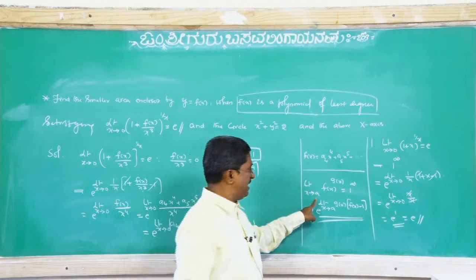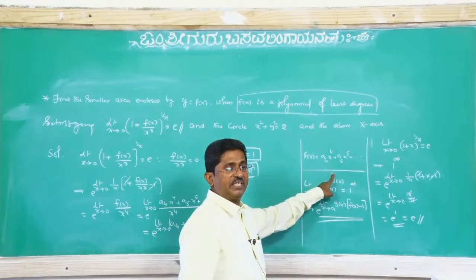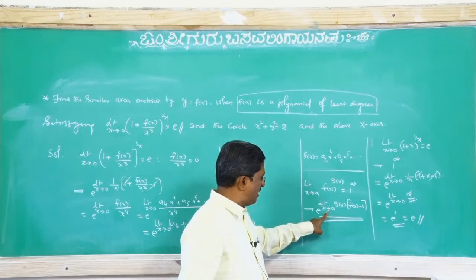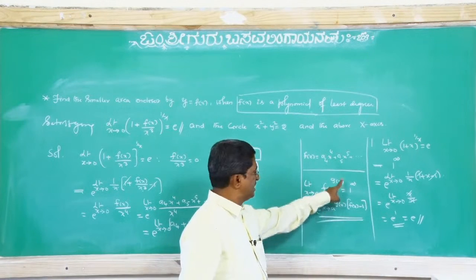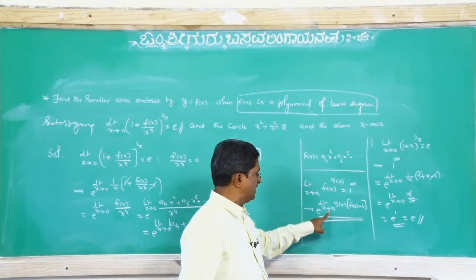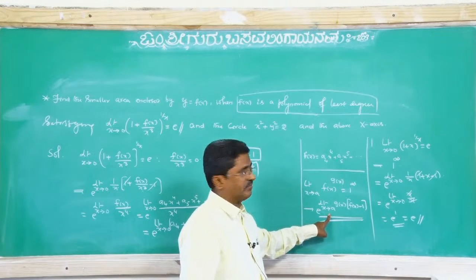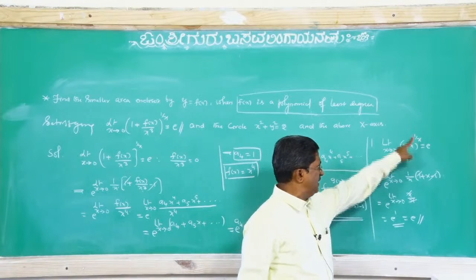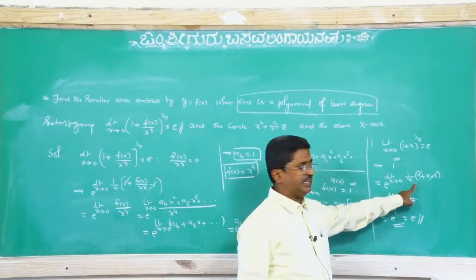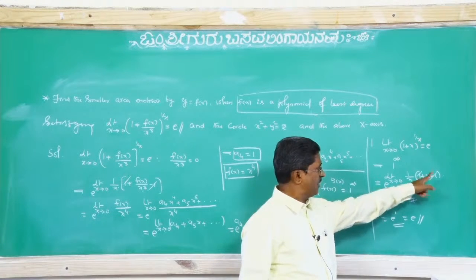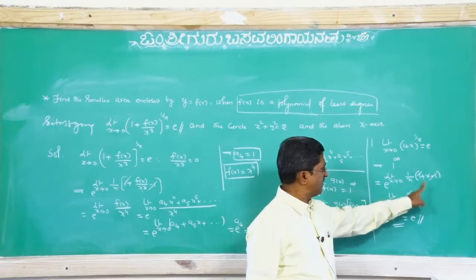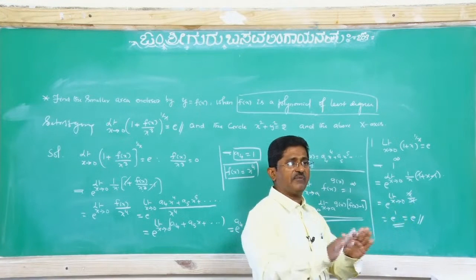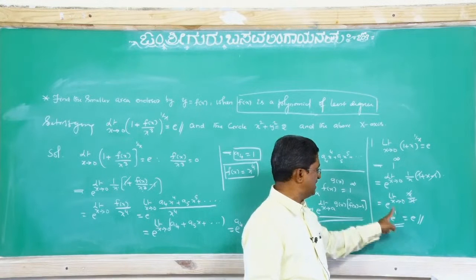Whenever the limit f of x power g of x is 1 power infinity, then e power limit of g of x into f of x minus 1 as x approaches a. The same condition we apply: e power limit as x tends to 0 of g of x, which is 1 by x, into f of x minus 1, that is 1 plus x minus 1. The plus 1 and minus 1 get cancelled, x by x is equal to 1. Limit of a constant is the constant only, that is e power 1.